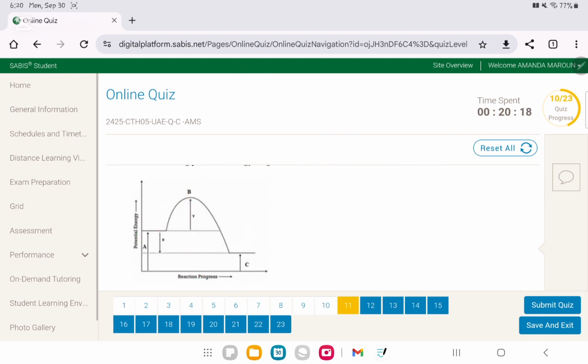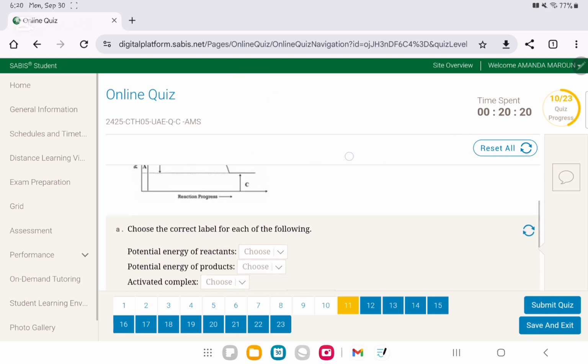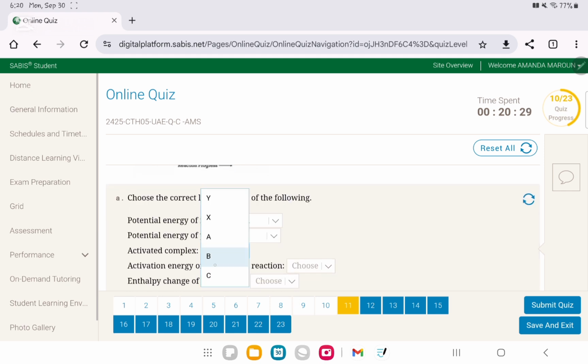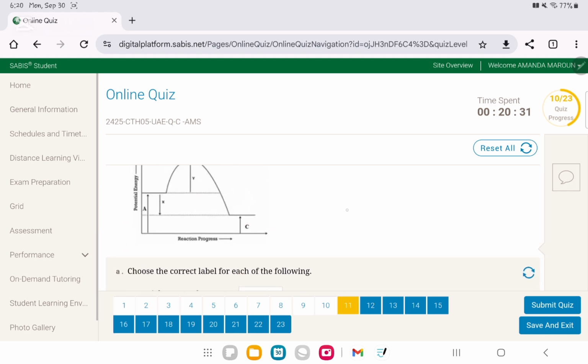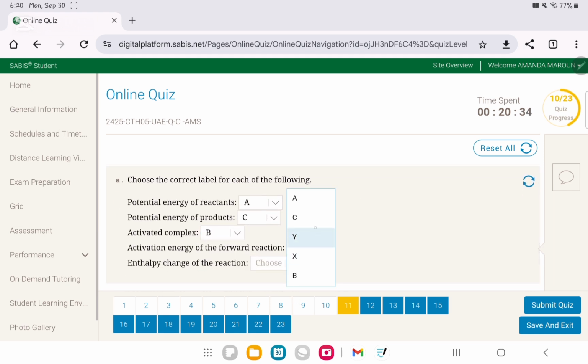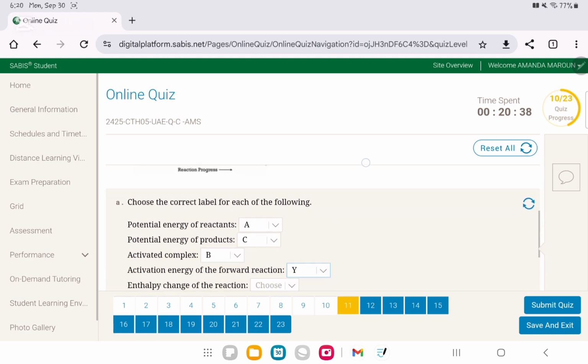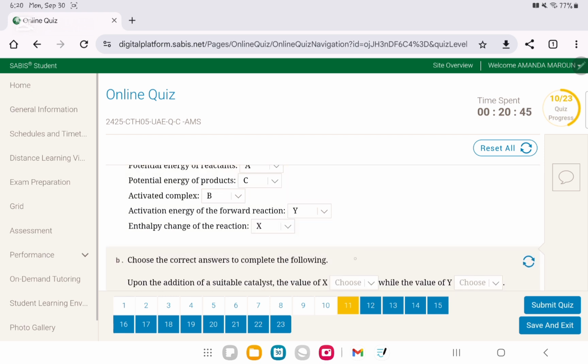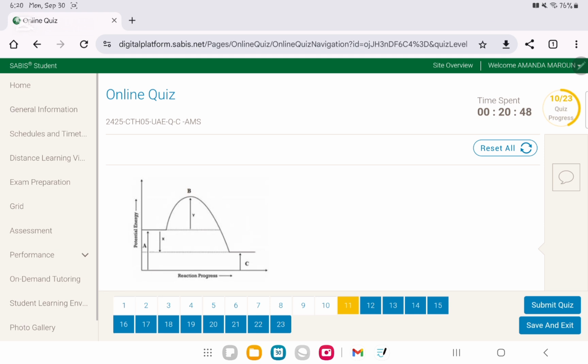So, we said that the potential energy or the energy of the reactants was A, then the energy of the products was C, then the activated complex was B, and then the activation energy of the forward reaction was Y, and then the enthalpy change of the reaction was X, the enthalpy change or delta H. Now they're telling us they added a catalyst.